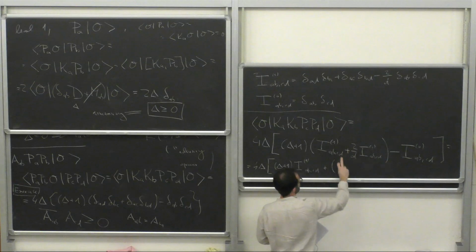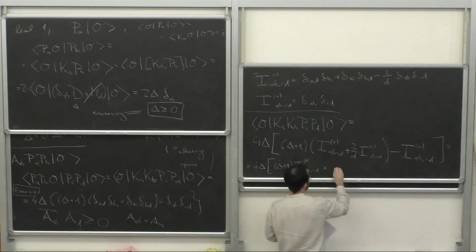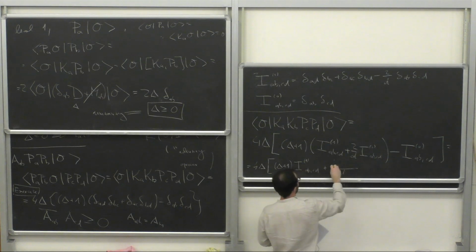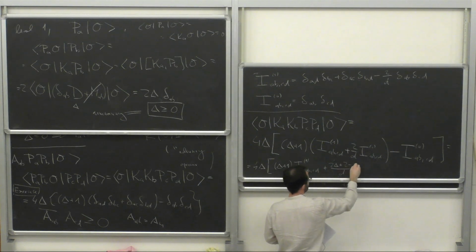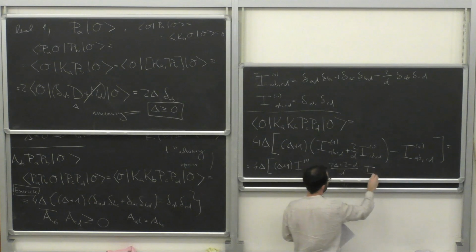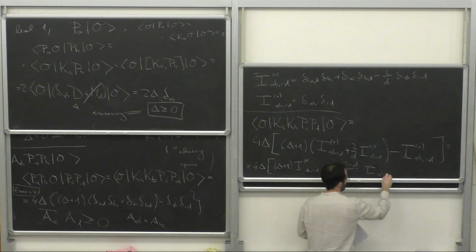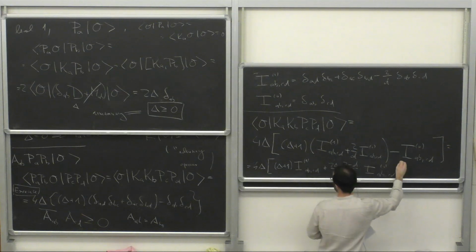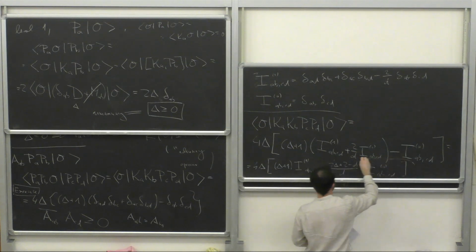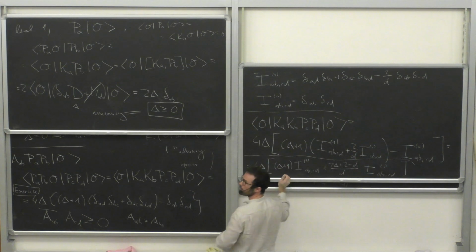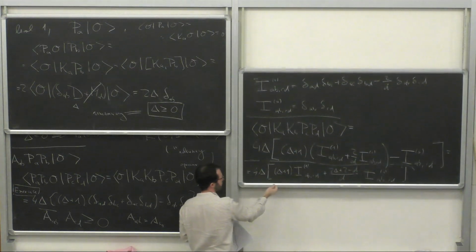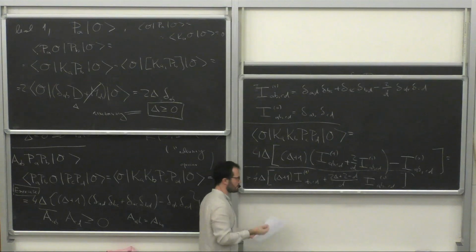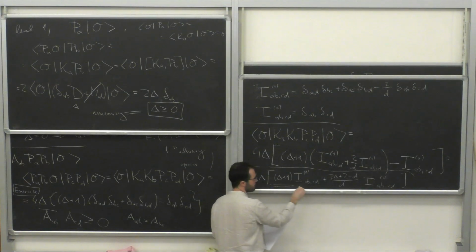It's this times that, so it's 1 over d, 2 delta plus 2 minus d, times the trace projector. Sorry, my handwriting has deteriorated. Right, so now once we do this projection, the positivity is just the criterion that both of these coefficients are positive.